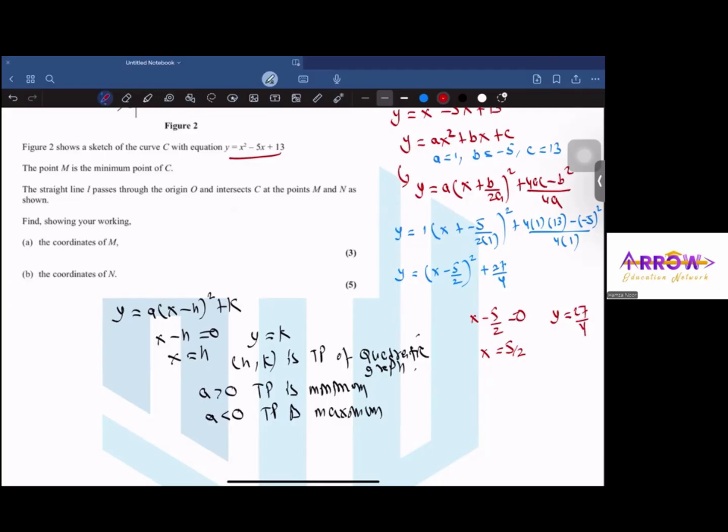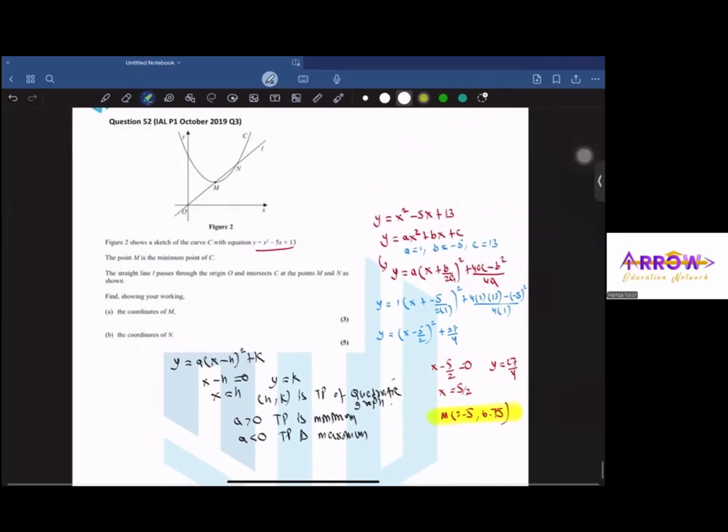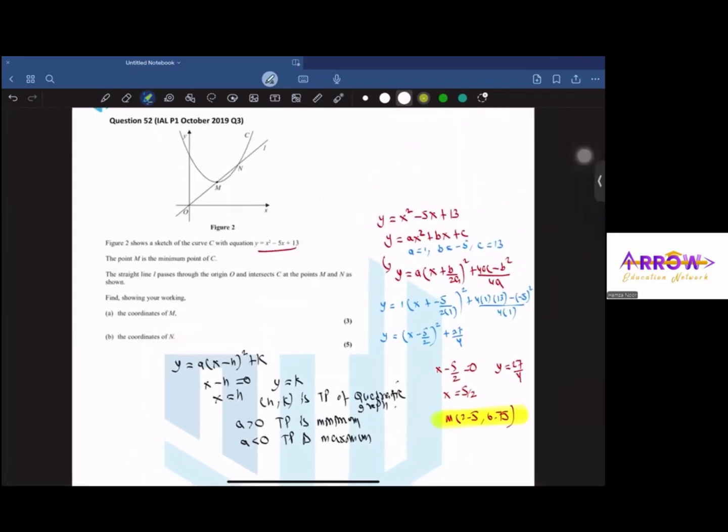So 5 over 2 is 2.5 and 27 over 4 is basically 6.75. Therefore, the coordinates of M are (2.5, 6.75). All right, so this was the working for part A.